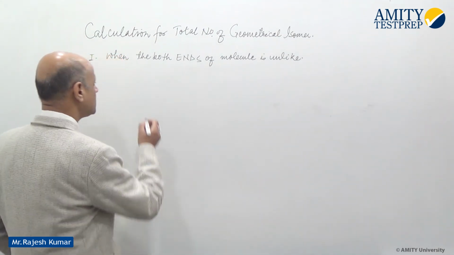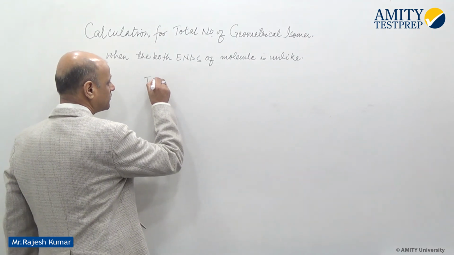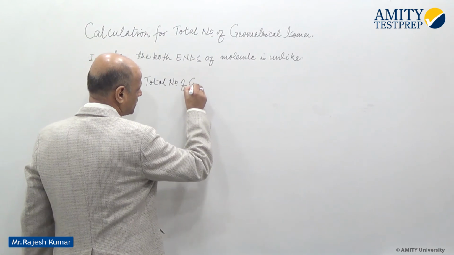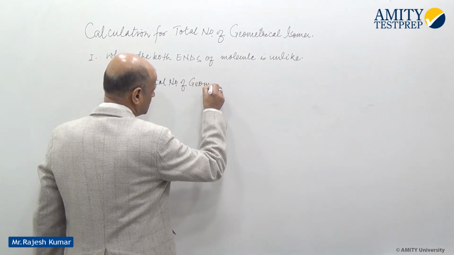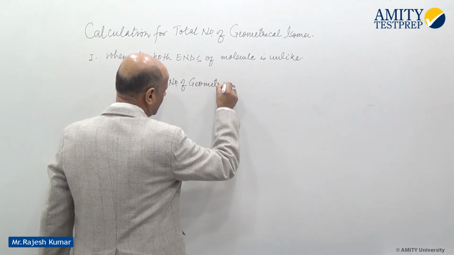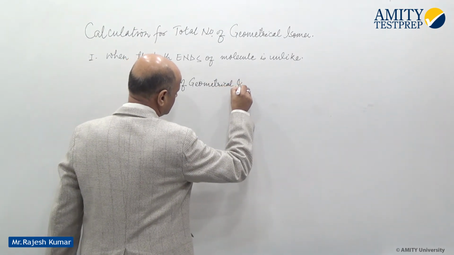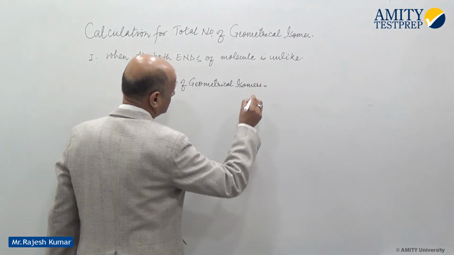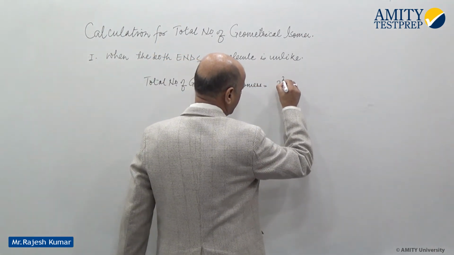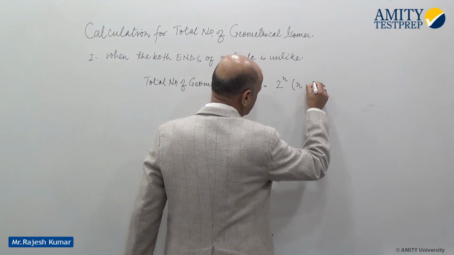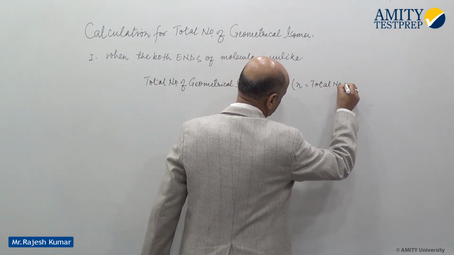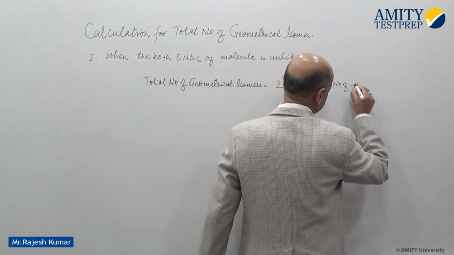In such cases, the total number of geometrical isomers is equal to 2 raised to the power n, where n is the total number of double bonds.